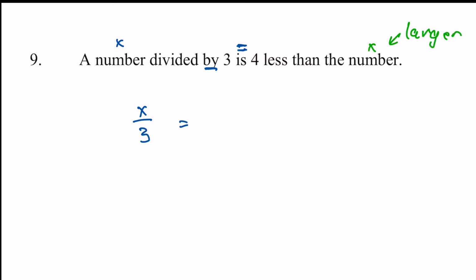So we do need to start with our x, and then less than it is going to be subtraction by 4. So be careful with the order right there. Because while we encountered the phrase, the number second, it is the larger, so we do need to go ahead and make sure that that comes first. Any questions on number 9?